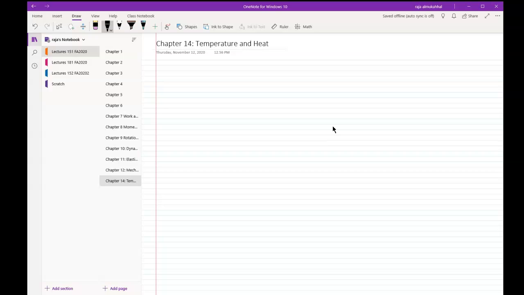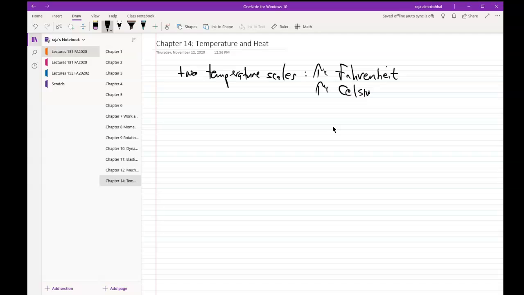So we have 2 temperature scales here: the Fahrenheit and the Celsius. The Fahrenheit, as you all know, is widely used here in the US. The rest of the world, pretty much, they use the Celsius.